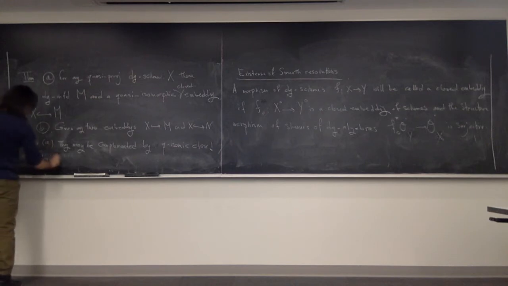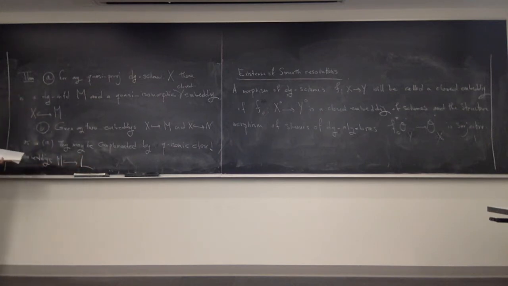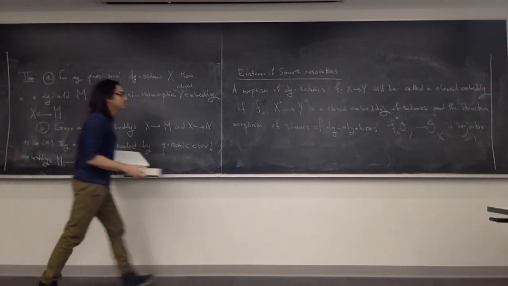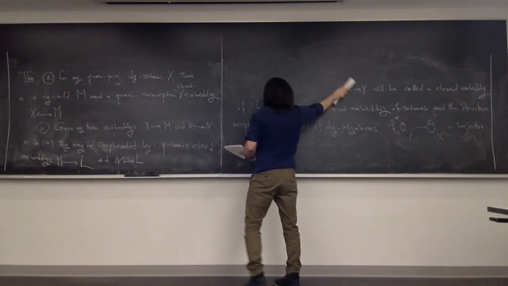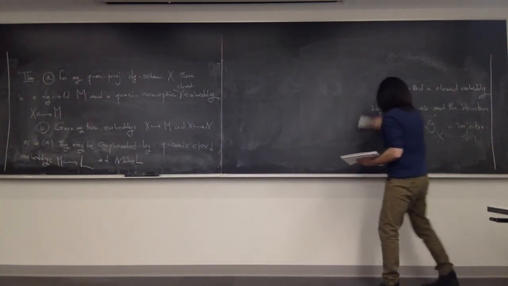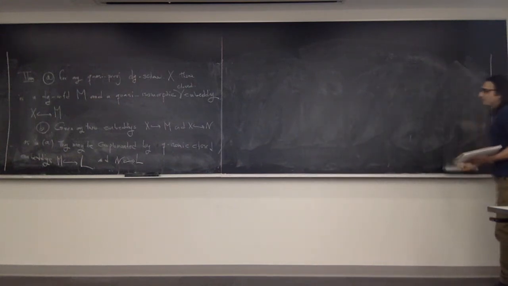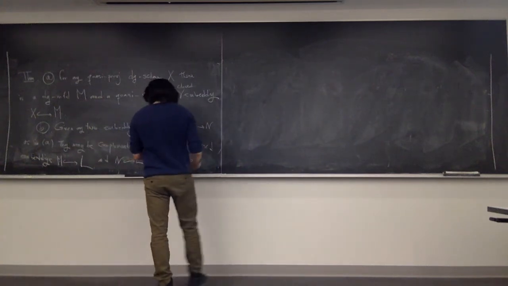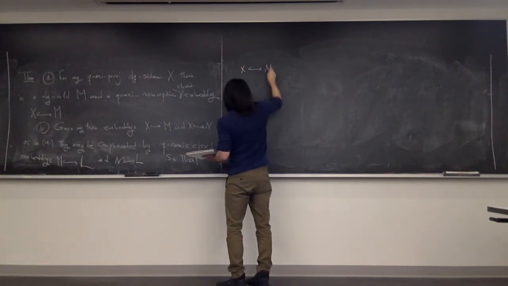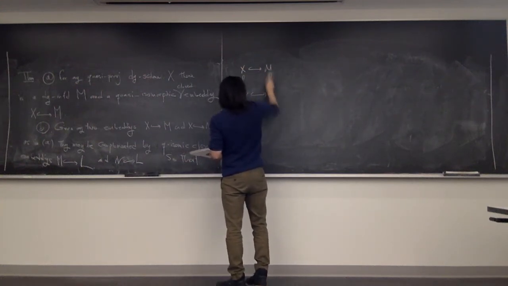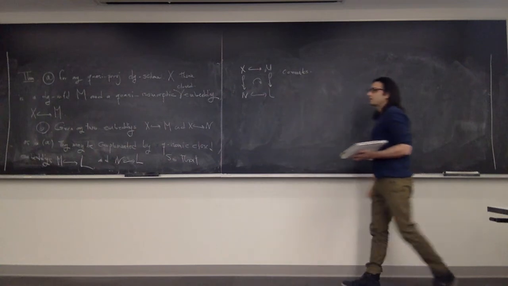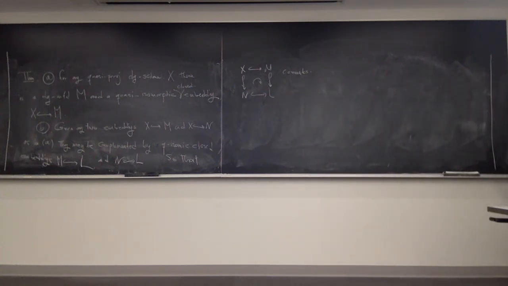Let's say M goes to some other DG manifold L, and N also goes to L, such that you get the natural commutative square of embeddings. So that this commutes.